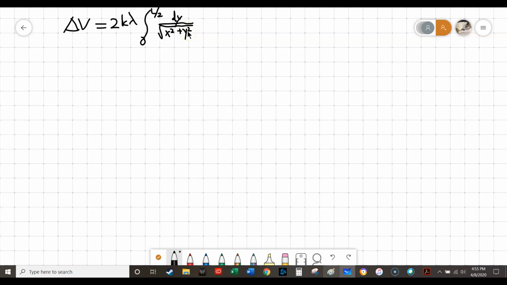Well, this is a deceptively tricky integral. It really looks simple, but it ends up being a whole deal.